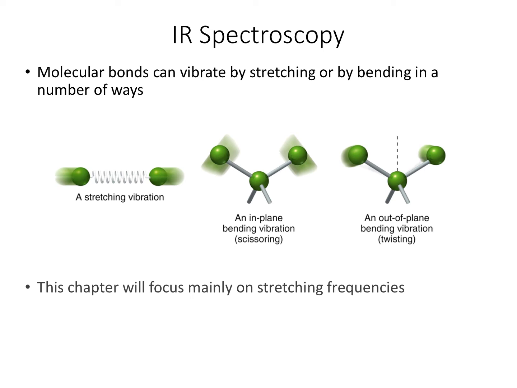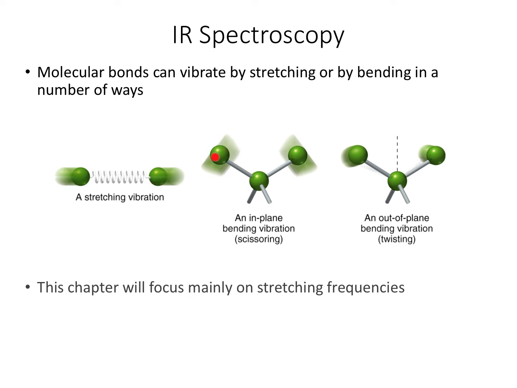So as I mentioned on the last slide, when molecules absorb infrared radiation, it increases their vibrational energy. And molecules can vibrate in a variety of ways. So we can have stretches, where we imagine two atoms. We can think about the bond as being like a spring, and so the atoms move back and forth like a stretching spring.